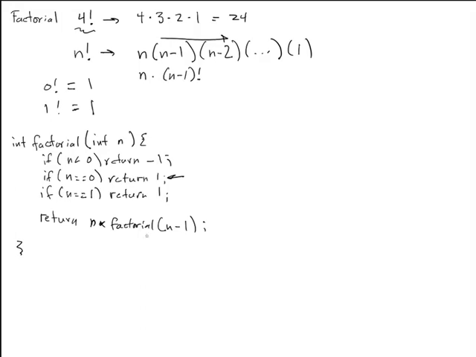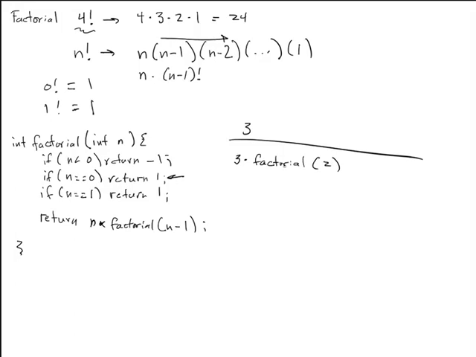So we can go ahead and walk through an example. Let's see what happens when you pass in the value of 3 into our factorial. Okay, so what happens? Well, we get factorial 3, so n is not less than 0. We're good there. n is not equal to 0. n is not equal to 1. So then we return 3 times the factorial of 2.